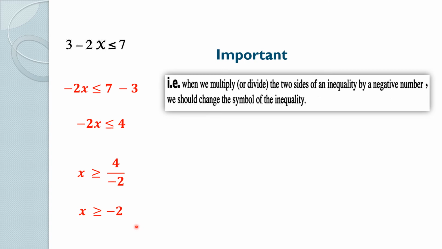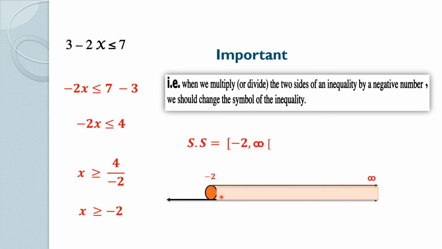More than means that we have all the positive numbers and 0 and negative 1. So the solution set will be negative 2 closed and infinity open. The number line: negative 2 closed and infinity open.